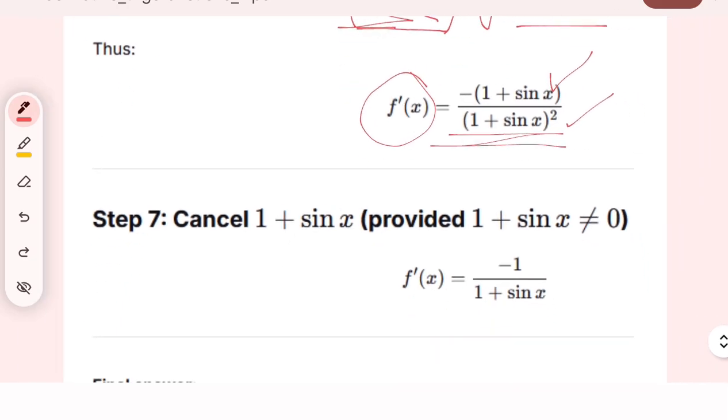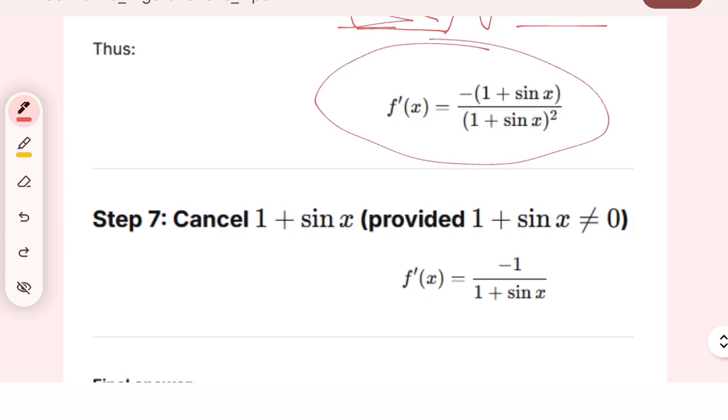Can we simplify it further? If we could simplify this, we will simplify it. But if we cannot, that would be our final answer. But since we can actually simplify it, then we will simplify it.